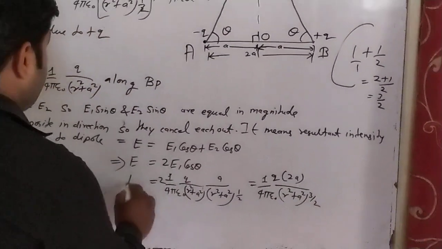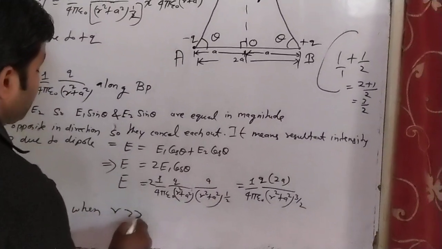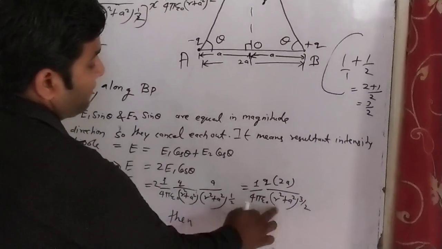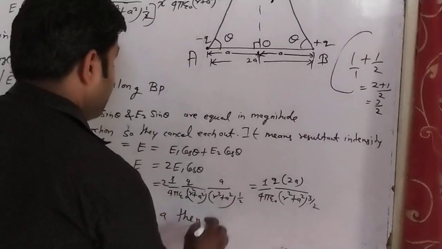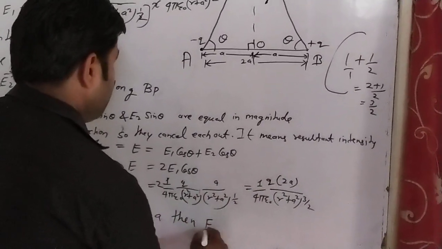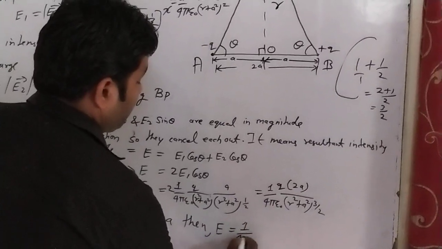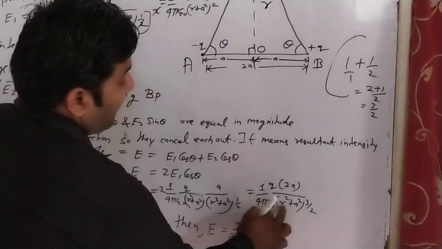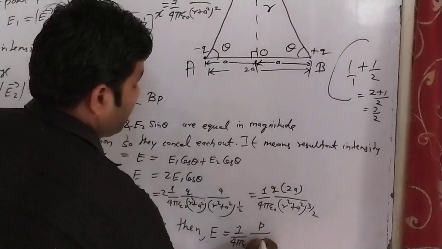Now applying the condition, when r is greater than a, r square plus a square becomes only r square. Then E is equal to 1 upon 4 pi epsilon naught, q into 2a, which is p, upon r cube.